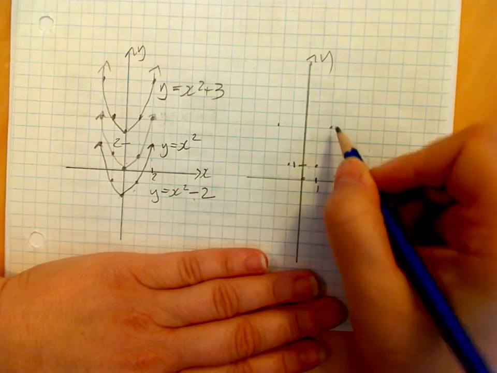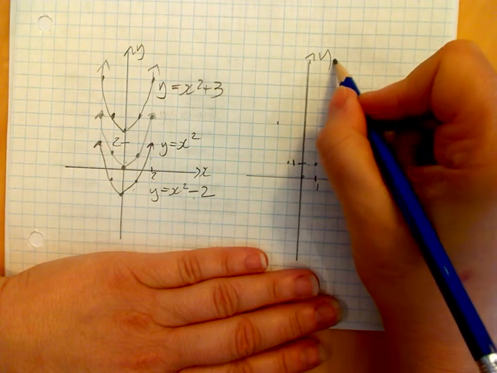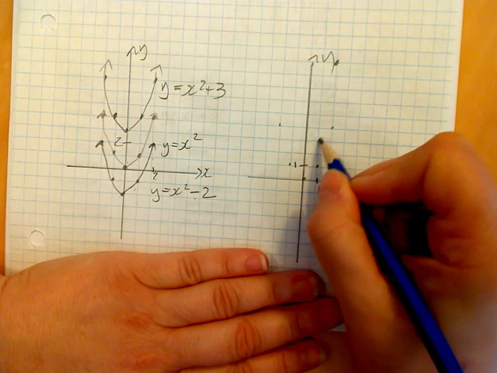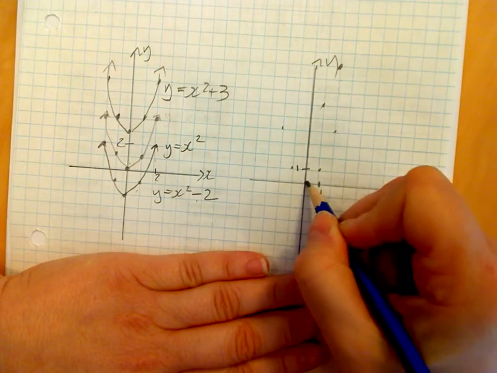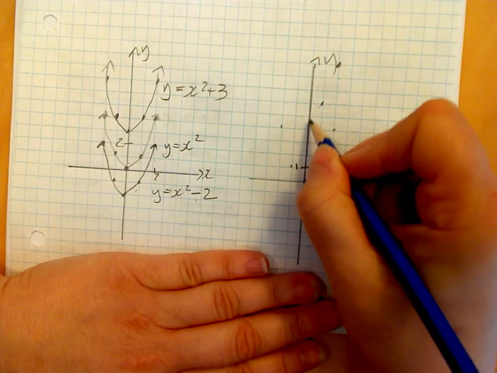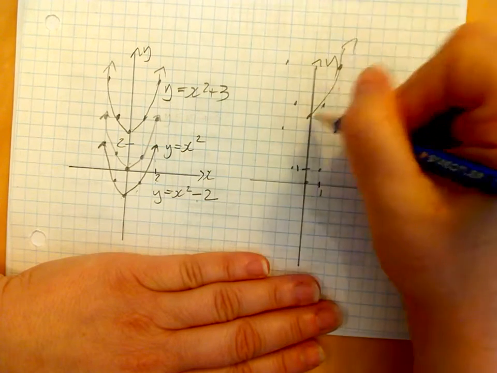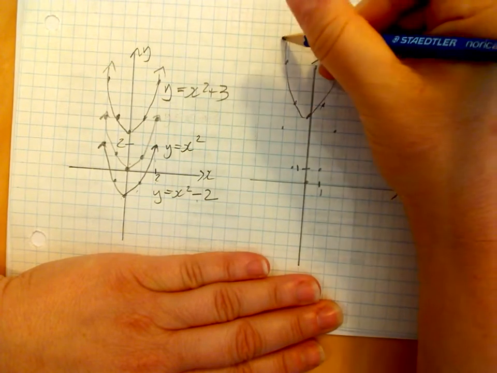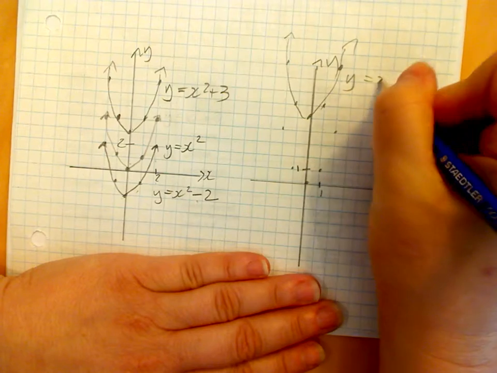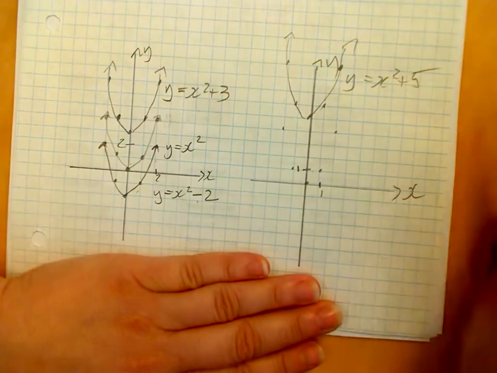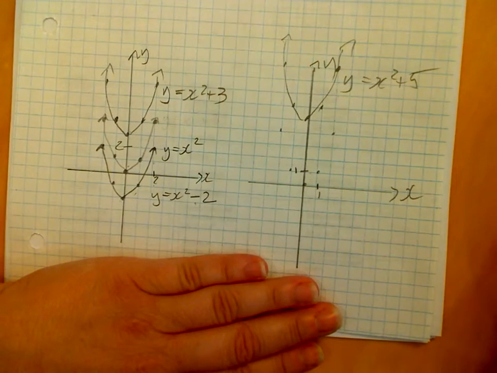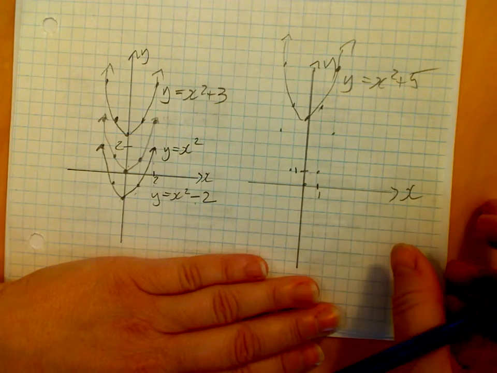And you just move them all up 5. 1, 2, 3, 4, 5. And gone are the days of table of values. Forever. That's it. That's all you need to do. Up and down. Okay?